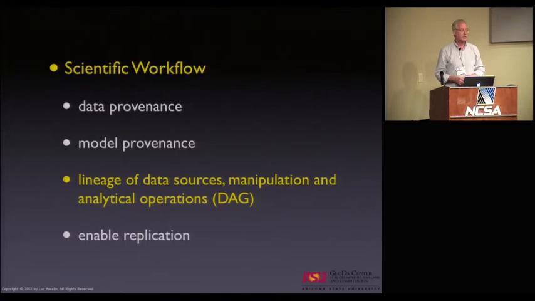Some statistical software has this history feature, and Unix has a history feature, where you can repeat your command, and so basically that's a very early form of provenance tracking. But once you start combining different data sources, different manipulations, and different analytical operations, you can formally express this in a graph structure, and this is a standard way of operating. And this then ideally would enable replication, which is another key concept. Now, it's not as easy as it sounds.